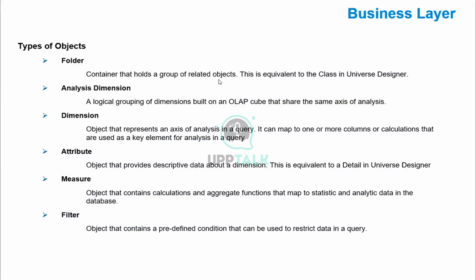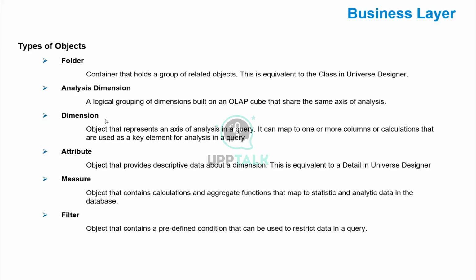This is like a grouping of related objects. Similarly, we have other folders like product, under which we have all the objects related to product, like product ID, product code, product description. In a similar way, we will create others.